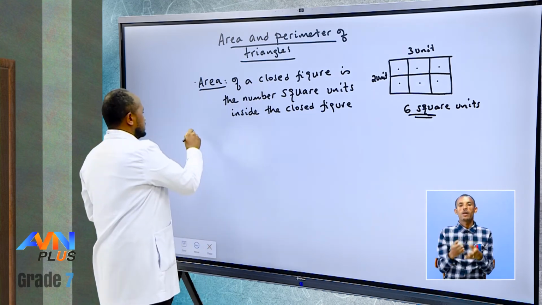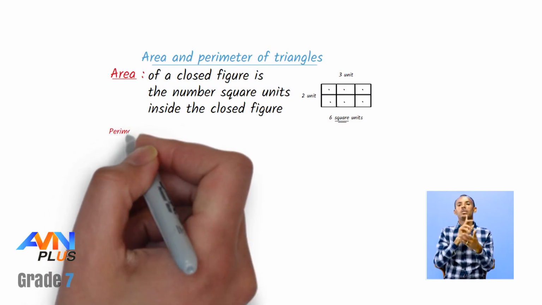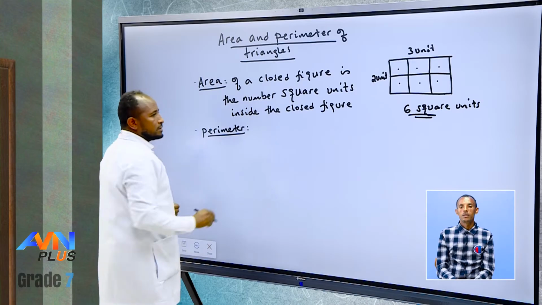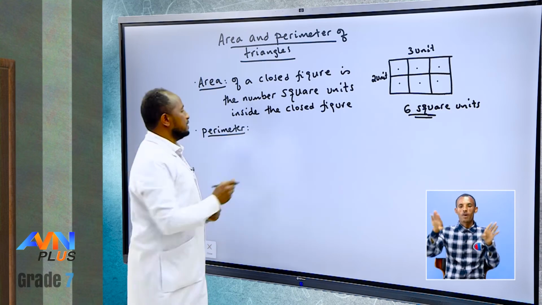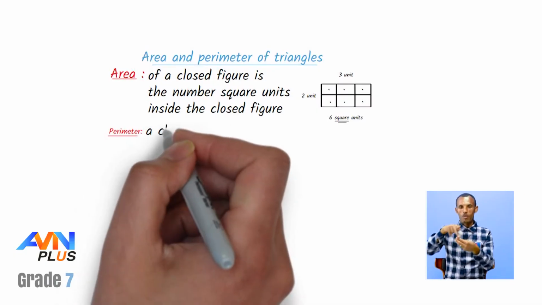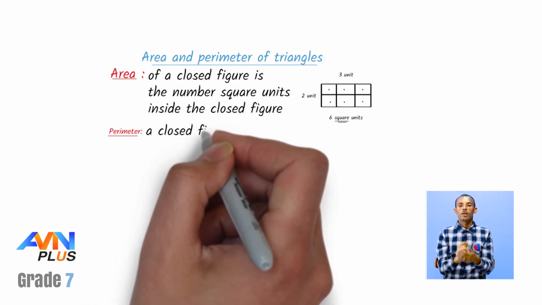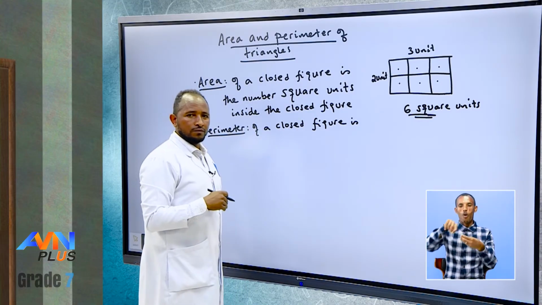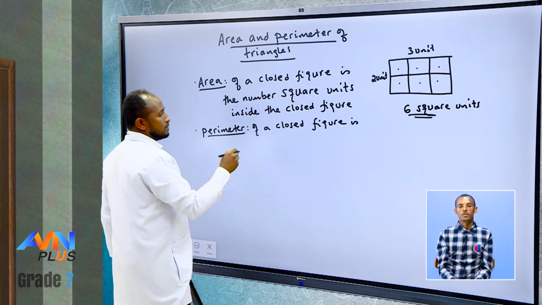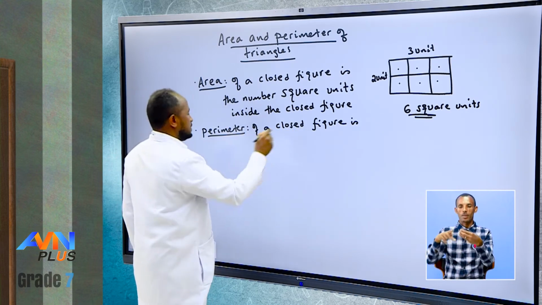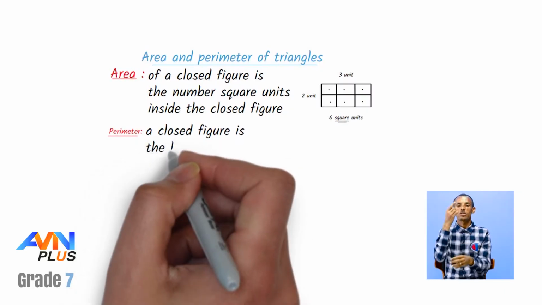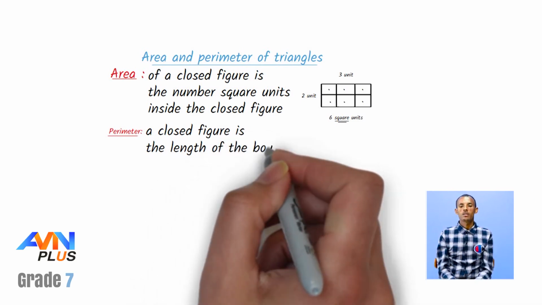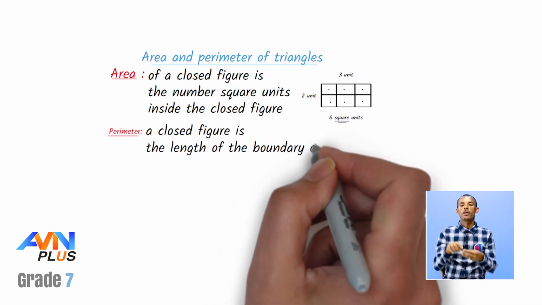Now, let's see what a perimeter is. Perimeter of a closed figure is the length of the boundary of that closed figure.